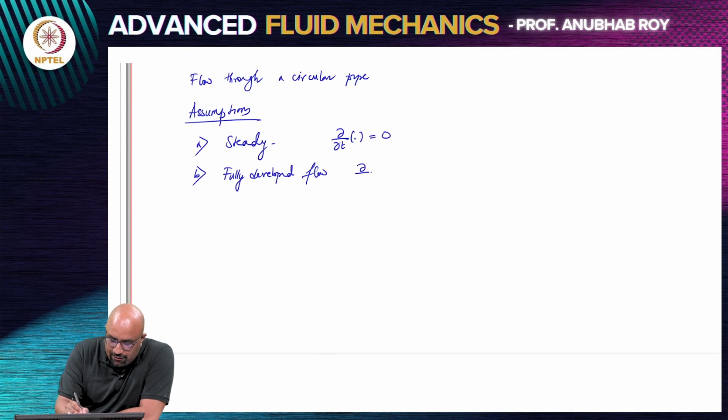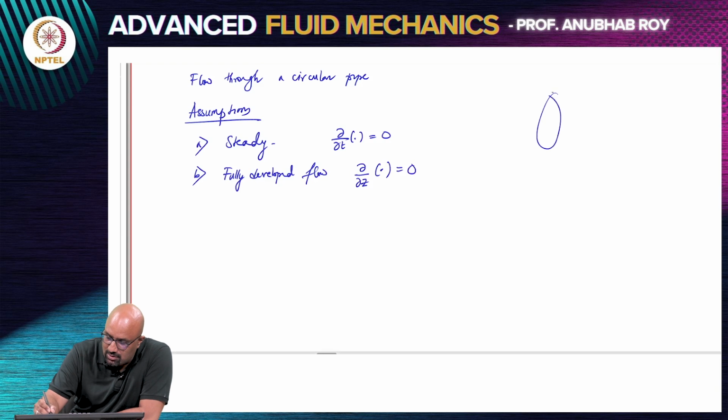Fully developed means that for the velocity field, any variation along the flow direction, here it is z that we have considered, is going to be 0. Once again reminding you of the geometry, that is my z, this is r, and then you have a theta.